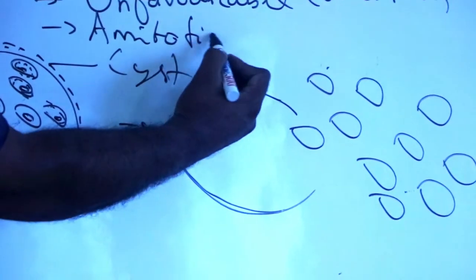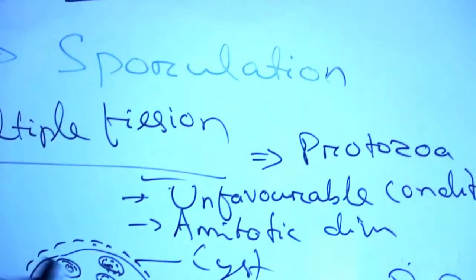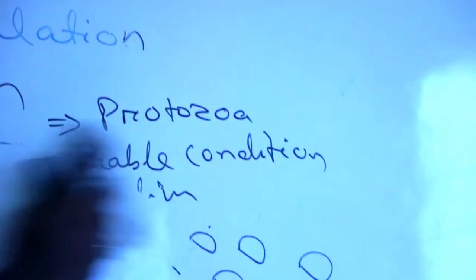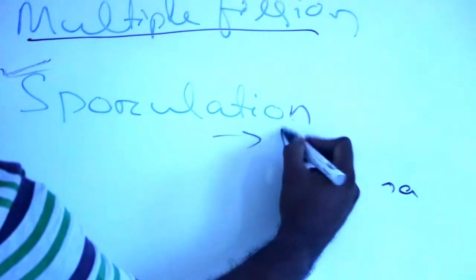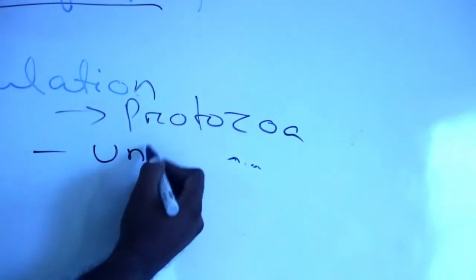Then let us discuss the last method of asexual reproduction, that is sporulation. Sporulation is one type of asexual reproduction. It is also common in some protozoa, and it takes place during unfavorable conditions.